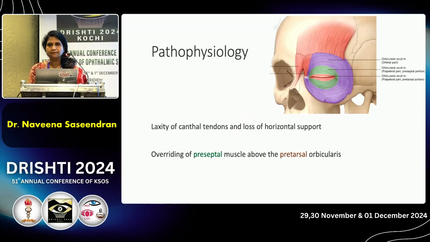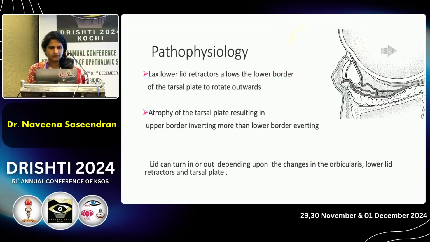So what is the main pathophysiology behind entropion? Here there is laxity of both medial and lateral canthal tendons, which will result in loss of horizontal support. Also overriding of the preseptal muscle over the pretarsal orbicularis. Here you can see the lax lower lid retractor, which causes outward turning of the lower border of the tarsal plate, and also the atrophy of the tarsal plate leading to inward turning of the upper border of the tarsal plate.